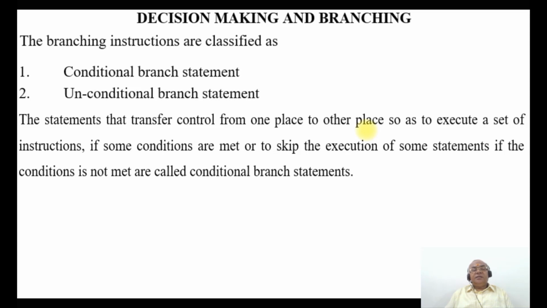The statements that transfer control from one place to another, so as to execute a set of instructions if some conditions are met, or to skip the execution of some statements if the conditions are not met, are called control branch statements.